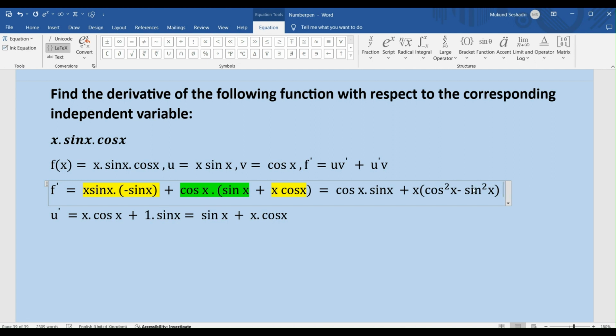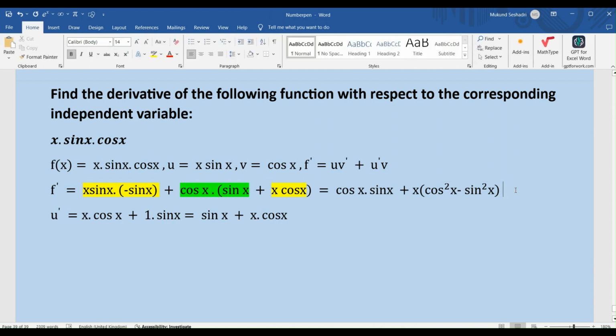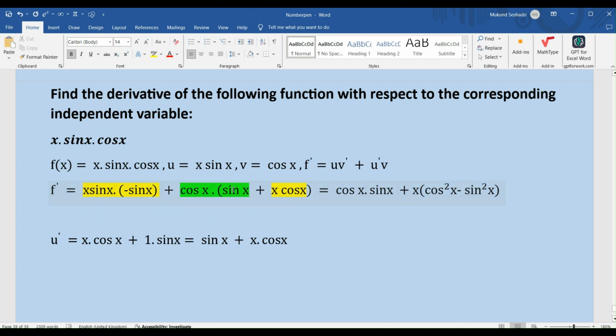So let's move to the next line. I don't think we can simplify this further. And like I mentioned in my previous videos, it's always better to do the simplification in terms of sine and cos, because we remember most of the trigonometric identities starting from sine and cos, right?